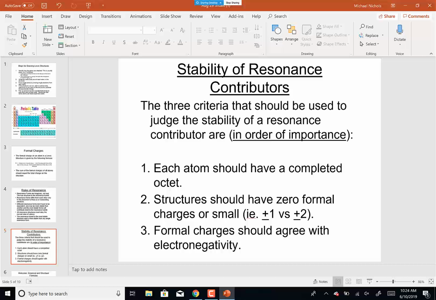So the formal charges and the electronegativity have to match up. If I have an atom that's more electronegative than another, what charge do I want to put on that? I want the negative charges to go with the more electronegative atoms, and the positive charges to go with the less electronegative atoms.